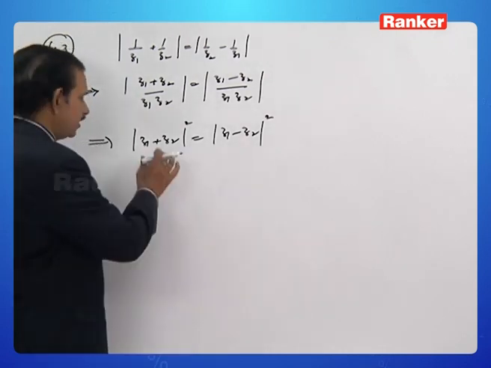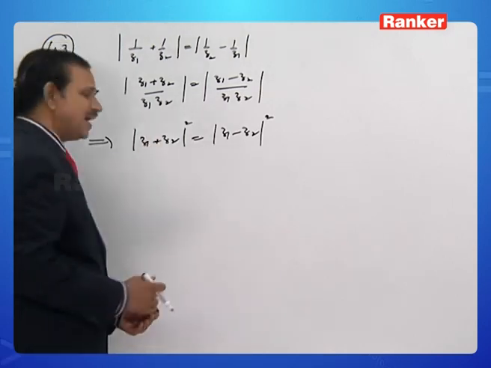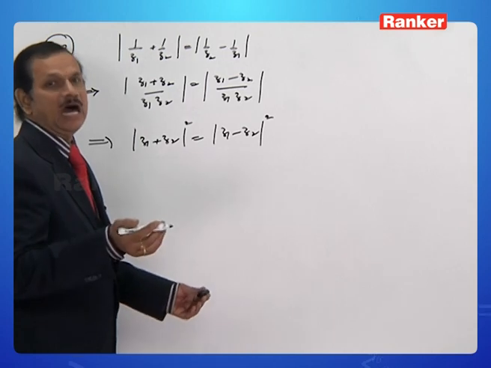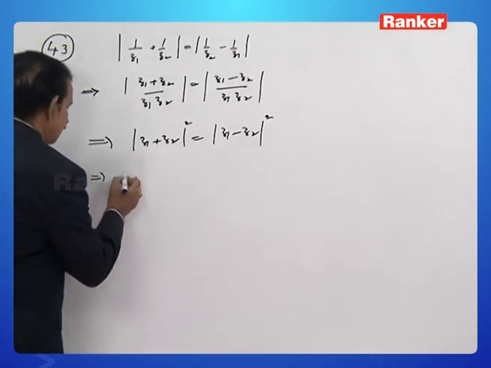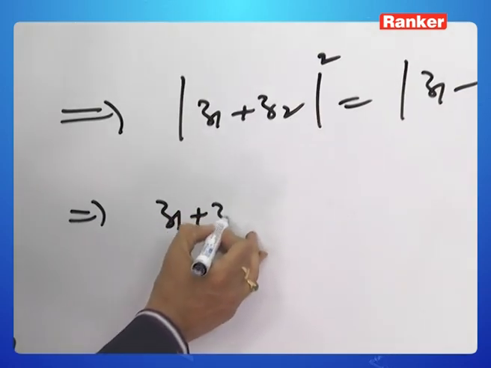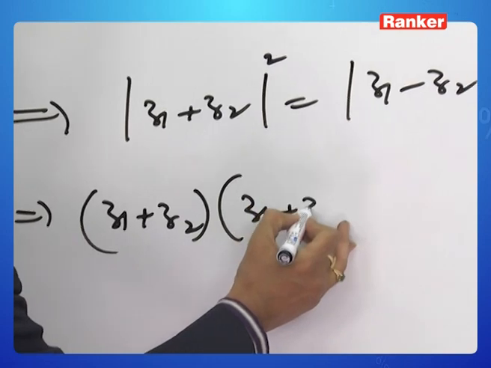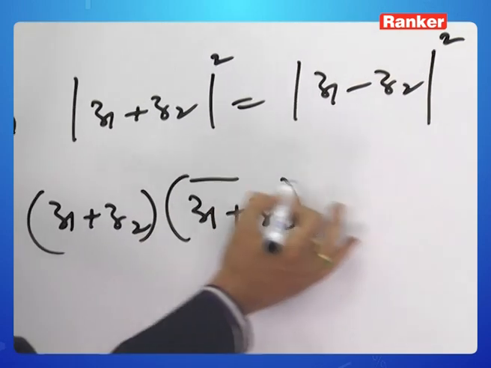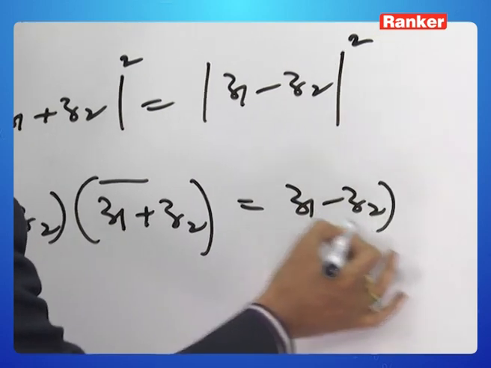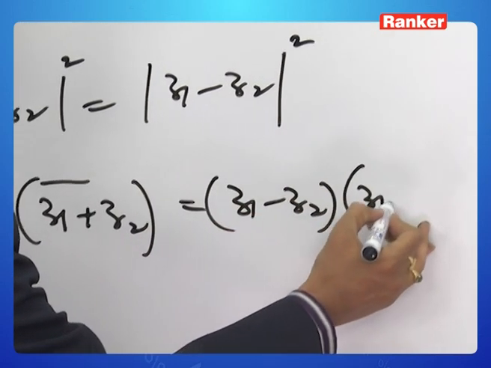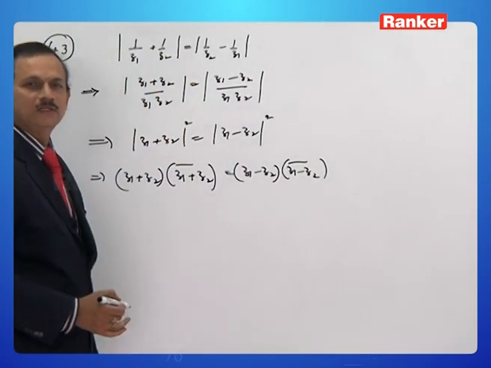Moreover, if you think this complex number has some Z, mod Z square, what is that? Z Z bar, isn't it? So you can write this as Z1 plus Z2 into Z1 plus Z2 bar is equal to Z1 minus Z2 into Z1 minus Z2 bar.